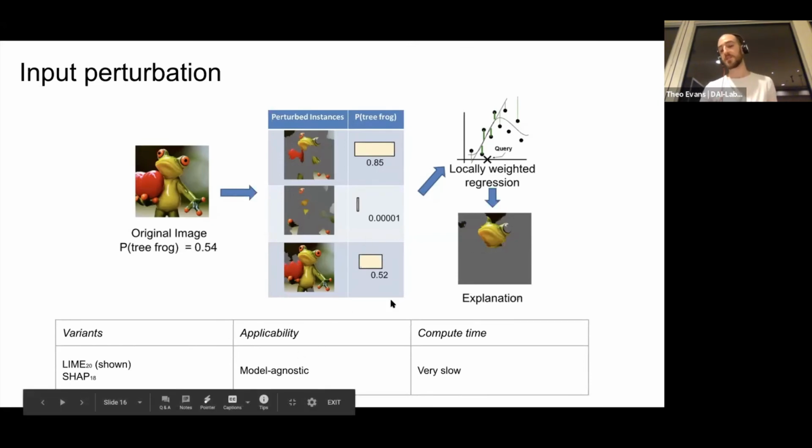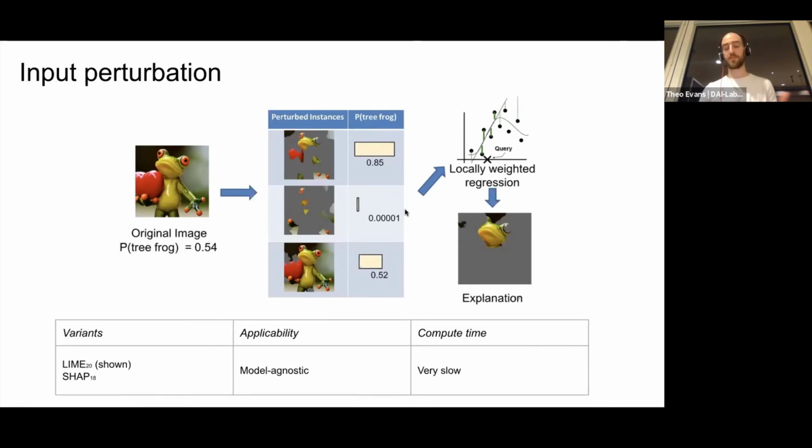This model agnosticism is quite attractive within the context of a platform like EMPAIA, where the idea is to provide many different solutions. And if we can provide a framework for explainability that doesn't require having insight into those solutions, because as they often are, they're provided by external manufacturers who don't want to give us, or don't want to give anyone, access to the internal weights of their model.